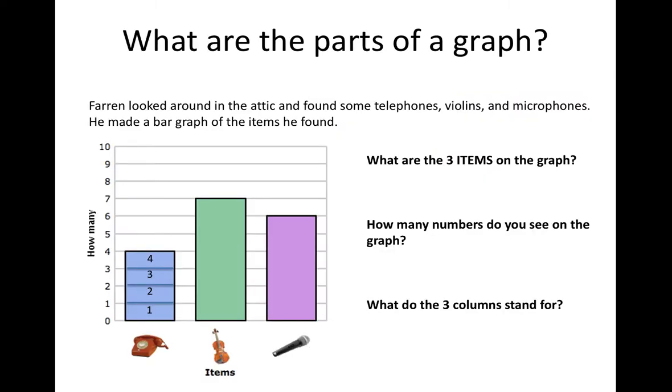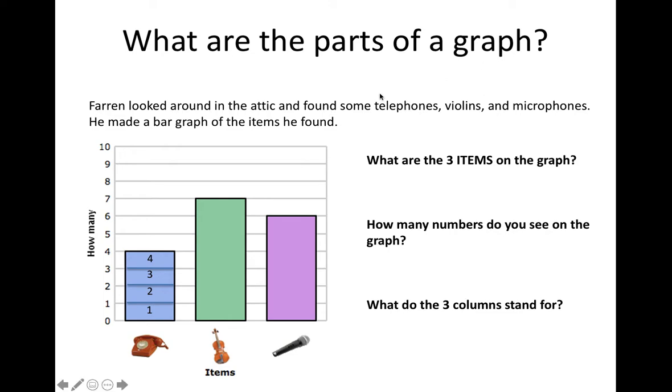So we have different parts of a graph, and we need to know what these parts are in order to be able to read the graph correctly. So in our example that we did, it said, Farron looked around in the attic and found some telephones, violins, and microphones. He made a bar graph of the items that he found. So, what are the 3 items on the graph?